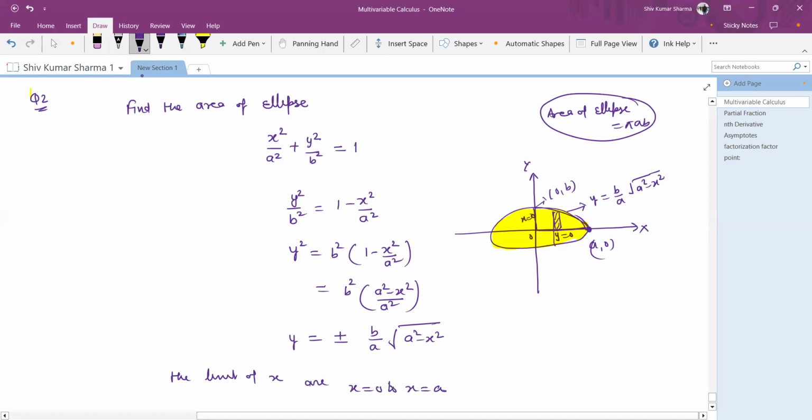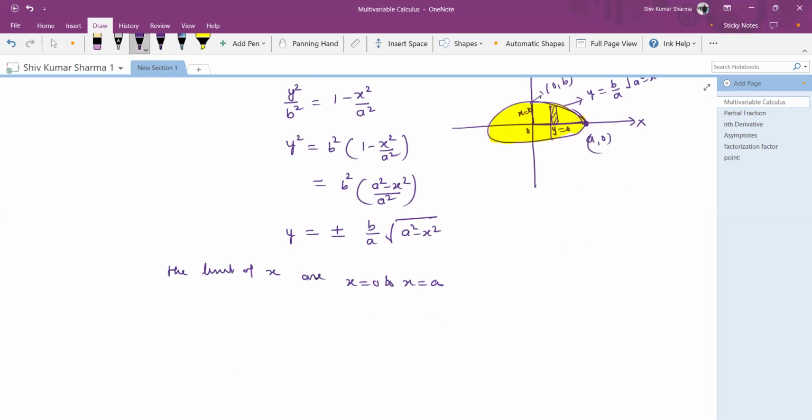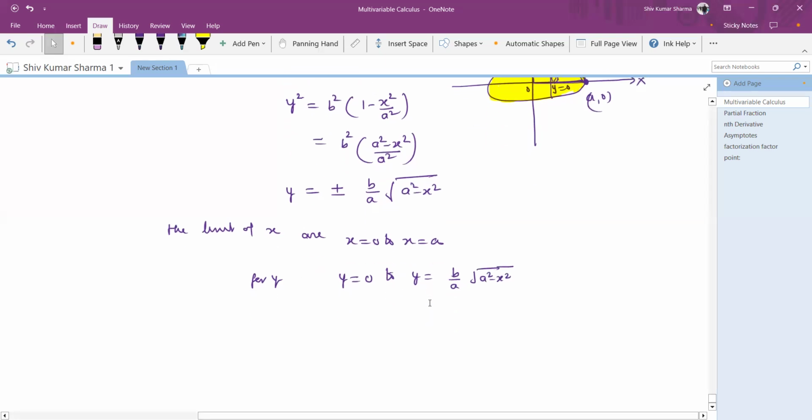So here is the a, and x equal to 0 is at the y-axis. And y is equal to 0 on the x-axis, so y goes from 0 to y equal to b upon a root a square minus x square.